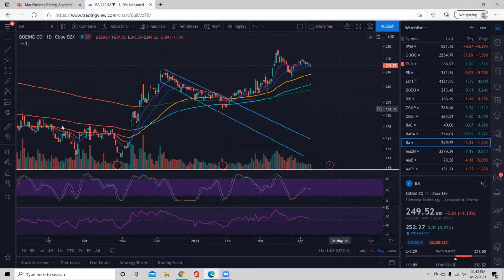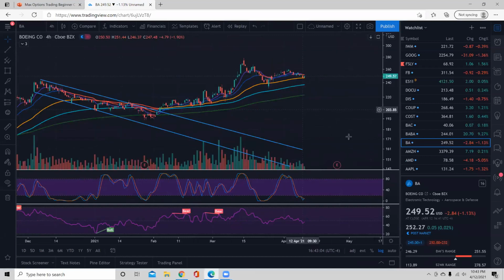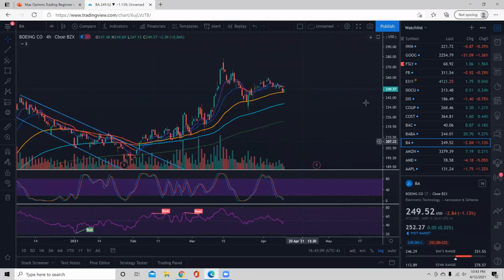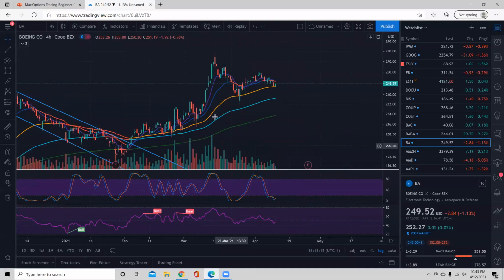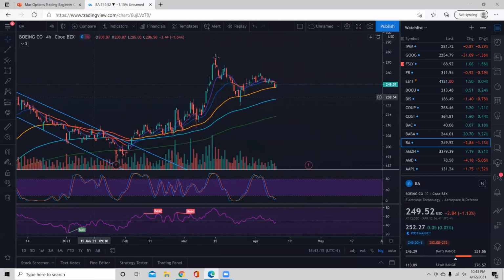You said the 4H? Okay. Where am I looking at right now? I see a downtrend. I see a compressing resistance here.